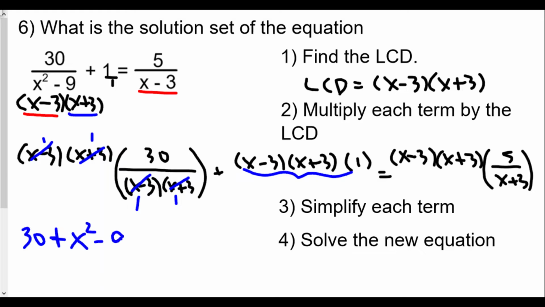You say, well, how do you know so fast? Well, on the right side, the x plus 3's divide out, all right? And so we end up with 5 times x minus 3.